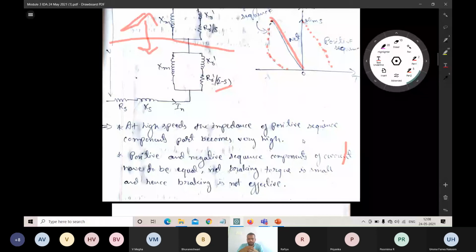Because of this, the positive sequence and negative sequence currents should be equal and opposite. And here the net braking torque is very small, and it is not enough to brake the motor. So that's why this is not successful.